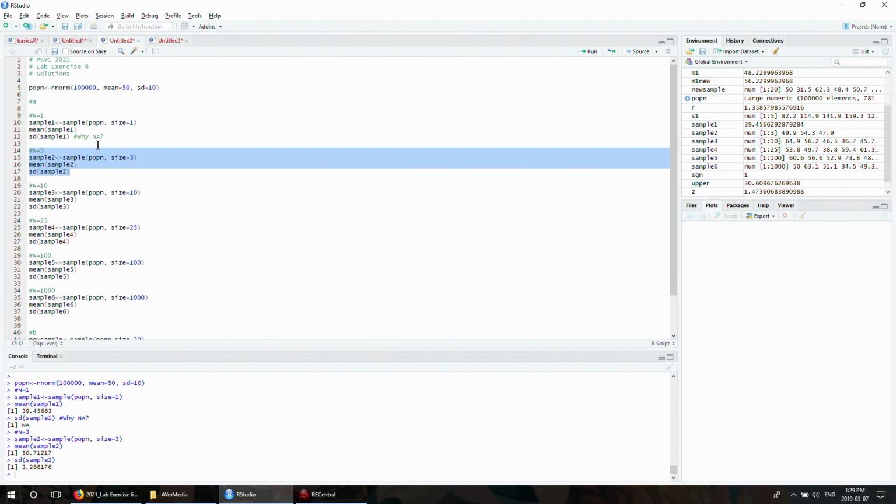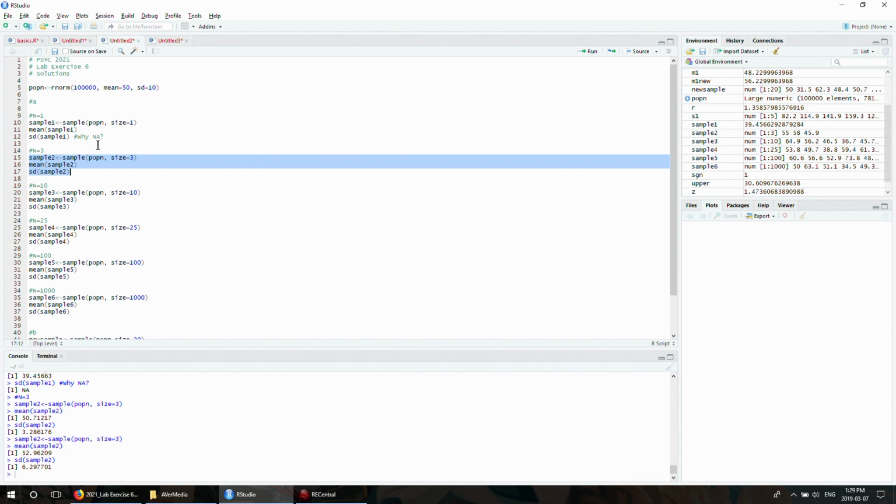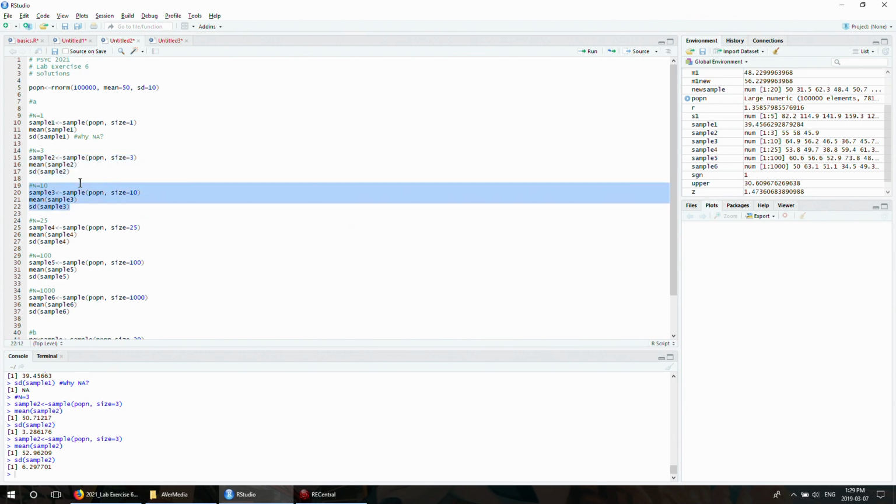Try and draw 3 people. Oh wow, well, 50 already. I didn't want to be that good. Okay, so I'm just doing it again. Now we have 52 with a standard deviation of 6, which is still not the standard.